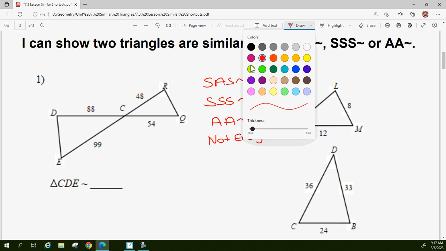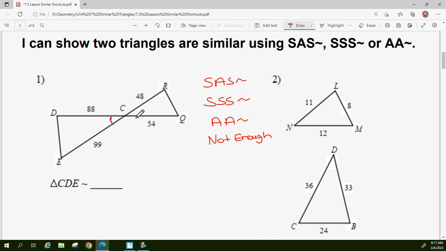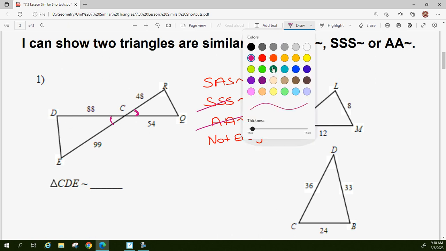If I look over here at this first pair of triangles, I can see I have vertical angles. So that gives me an A. But I don't have any more angle pairs, so I'm definitely not going to have angle-angle similarity. I have two sides in each triangle where I know how long they are, but I don't know how long these other sides are, so I won't be able to have side, side, side.